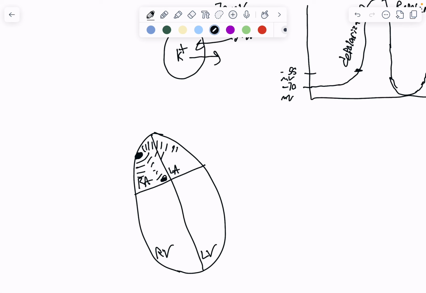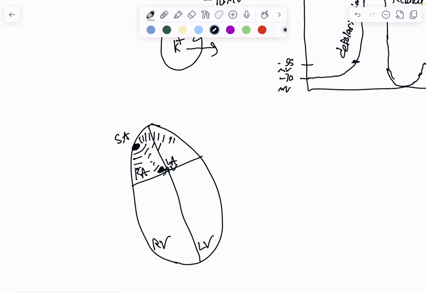And whenever that signal hits the AV node, it delays that signal to allow the contraction in the atria to occur, allow full contraction and full ventricular filling.